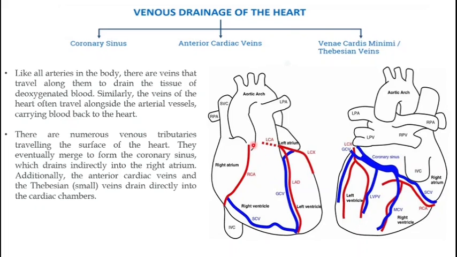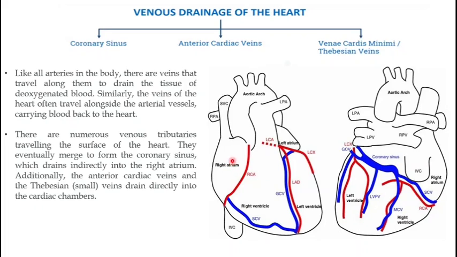This oxygen-rich blood travels through these coronary arteries, and after depositing the oxygen to the heart tissues, this blood becomes deoxygenated again. Then this deoxygenated blood travels through these coronary veins, and these coronary veins drain this deoxygenated blood into the right atrium.